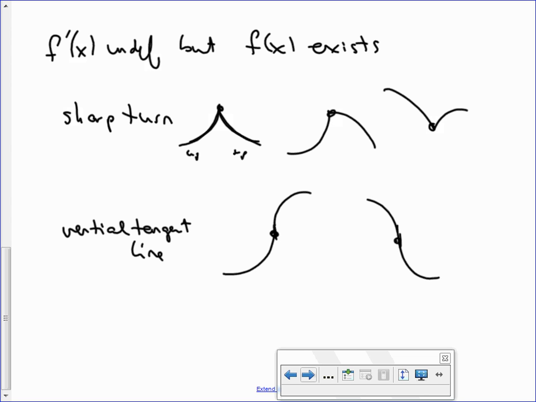Here it is increasing and decreasing, but it's concave up and then it is concave down. Here it is decreasing and then increasing, and it's concave down on both sides. This one here, it is increasing and then it increases again, and the concavity changes. It's concave up followed by concave down. So each one of these is slightly different, and you have to put all of the pieces together.